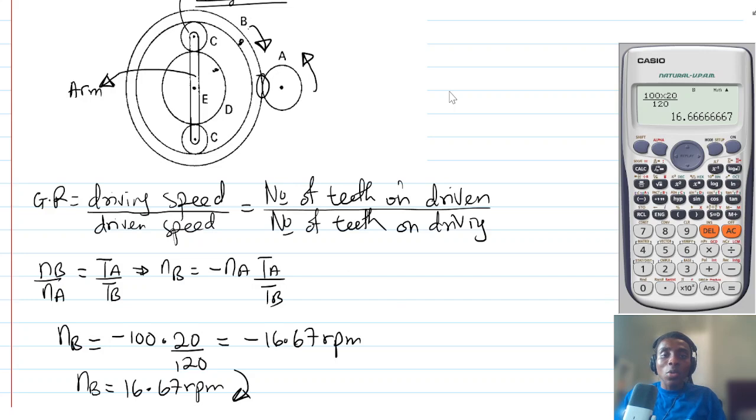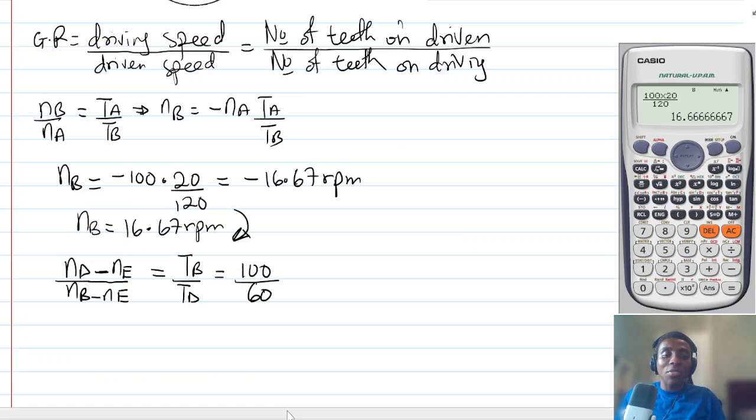So we have negative right here. And 100 divided by 60 is minus 5 on 3.